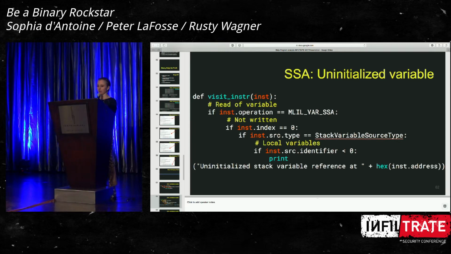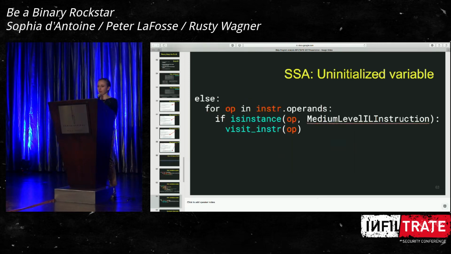And in this case, I want to find uninitialized stack variables, but you can do other types as well. And I find the address of that. If not, then I continue. One thing to note is this script doesn't take into account phi functions, so for loops, you would have a little bit of a problem with that. But overall, really quick, small script that you can write that gives you a lot of introspection into the program.